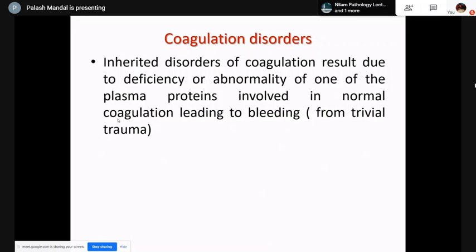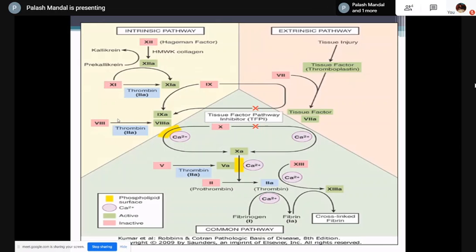So if any of the coagulation factors are deficient, it may lead to an increased tendency towards bleeding, and that is the coagulation disorder. This is the picture from Robbins. We have discussed it in our last class also, so I am not going into it anymore.